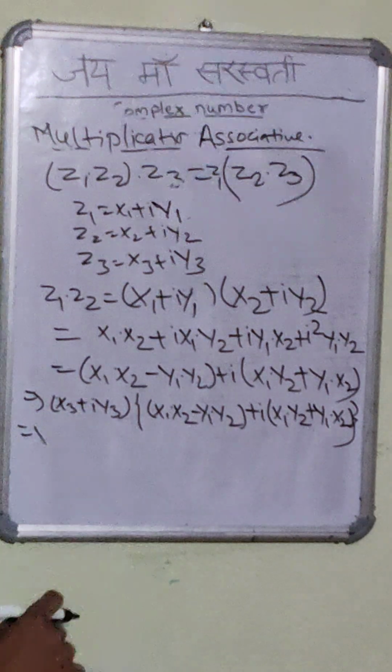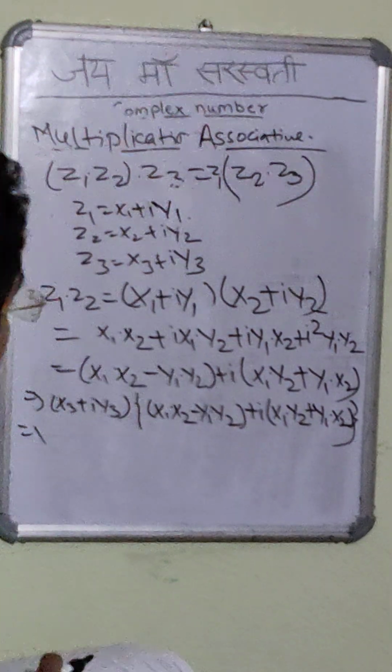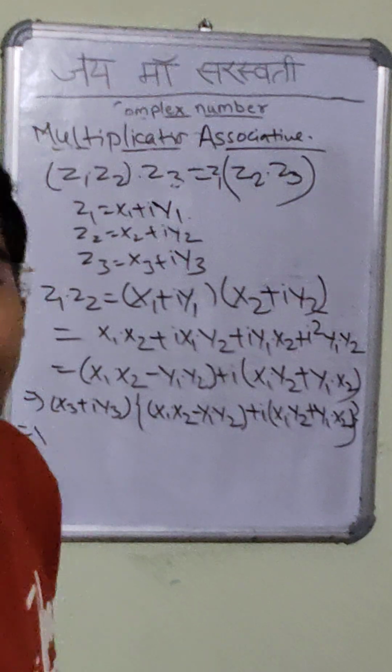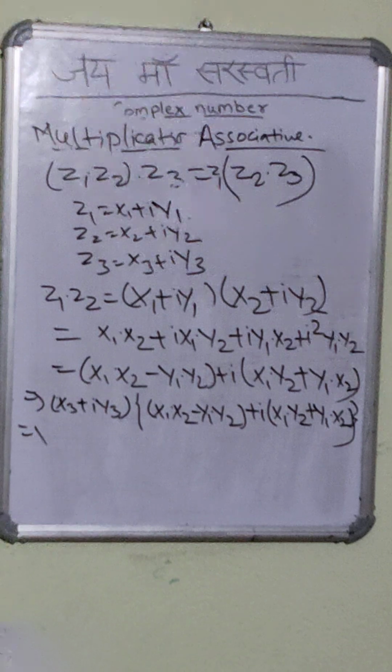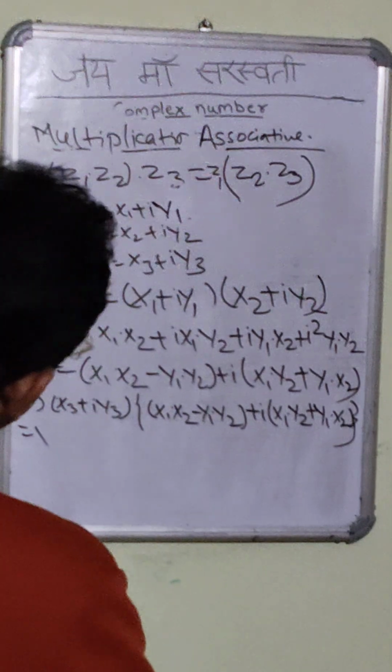So we have used the curly bracket here in order to have our mathematical operations in a convenient manner, and we are just multiplying with this basic operation.